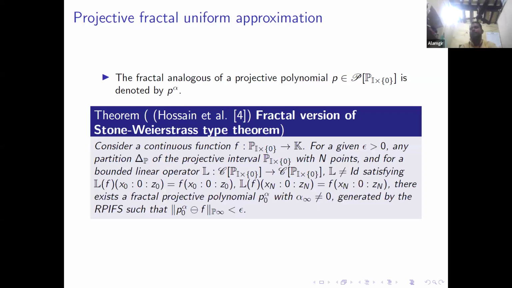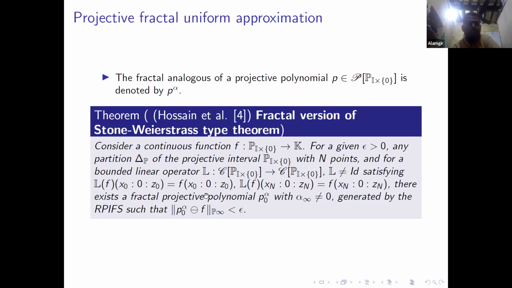And then we have seen the fractal version of the Stone-Weierstrass theorem. If f is any continuous function and epsilon is positive, and Delta_P is a partition of the interval, and if L is a function from the continuous space to the continuous space, which is not equal to identity, and satisfies those two conditions. So here we consider L instead of B. We know that B is a function that satisfies some condition. Similarly, here we consider the function L, which is a bounded linear operator.